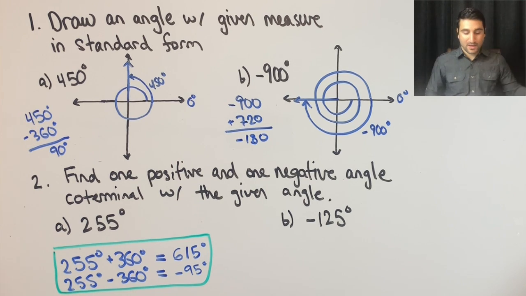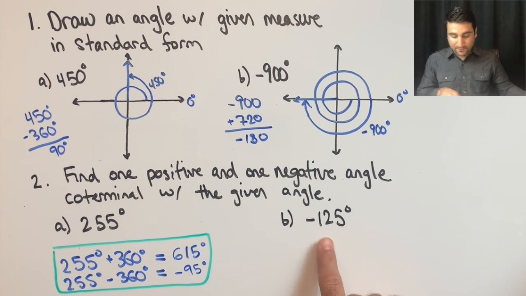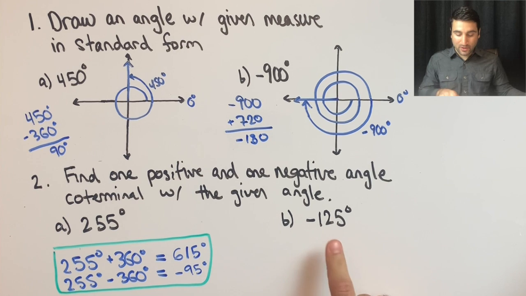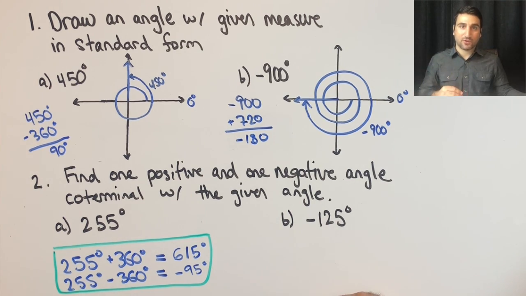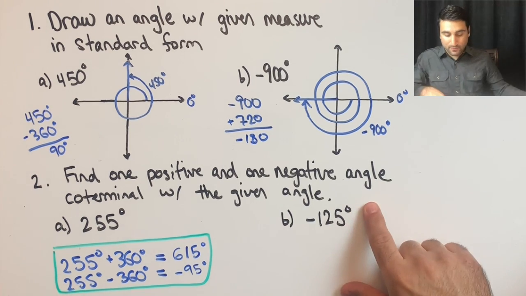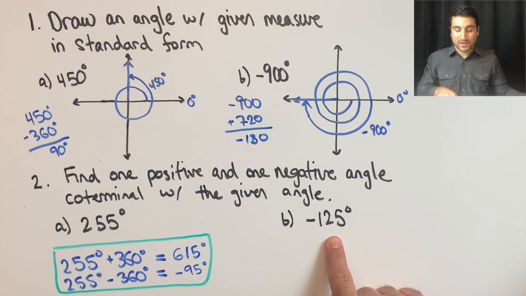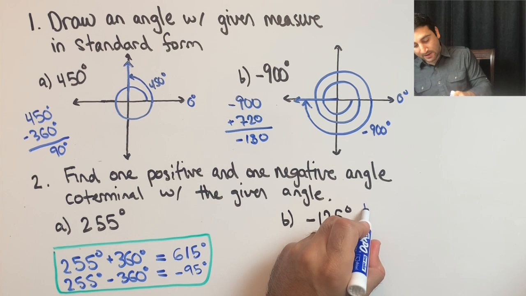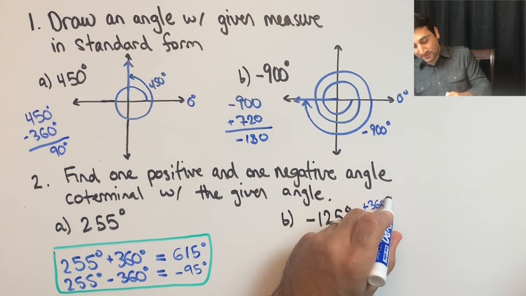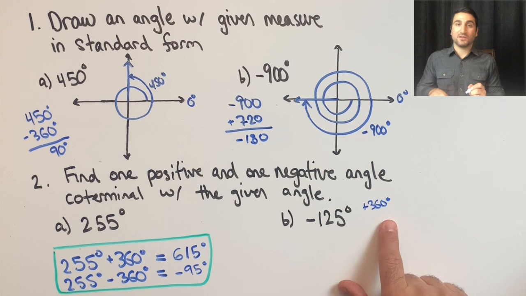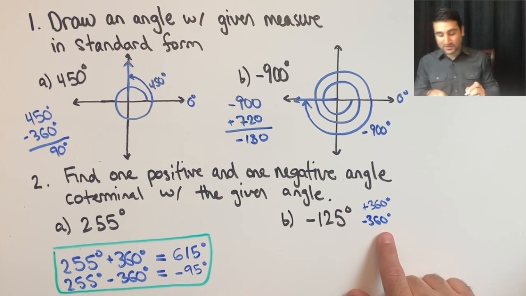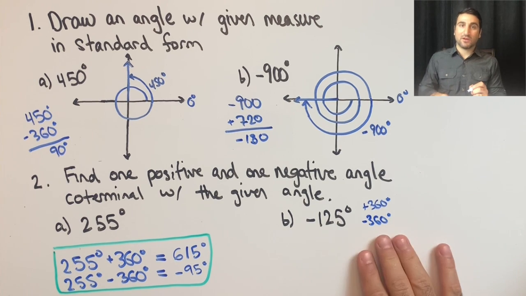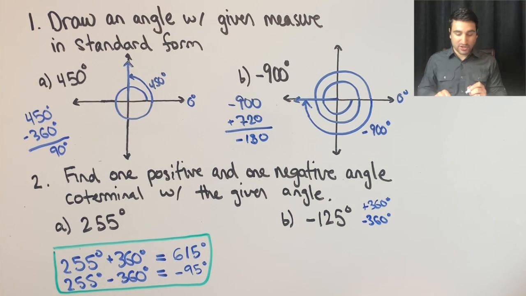All right. Now that we have negative 125, we want to find a positive coterminal angle and a negative coterminal angle. A positive coterminal angle would be adding 360 degrees in order to get us into the positive domain. And if we subtract 360 degrees, that would leave us with a negative number, so we're totally legit in doing that.